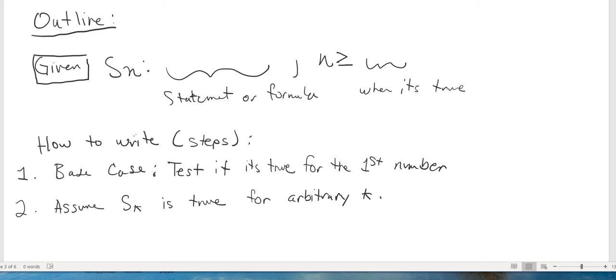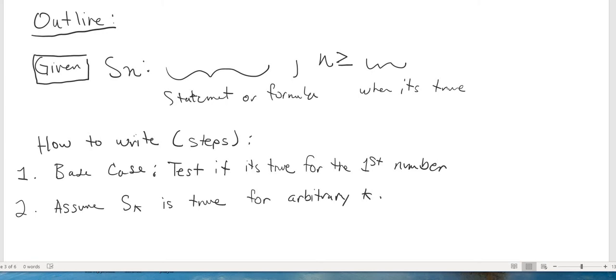This is where I said k, if it's arbitrary, it means it could be any number. It's not a specific number, it's any number that you can just plug in to the formula.